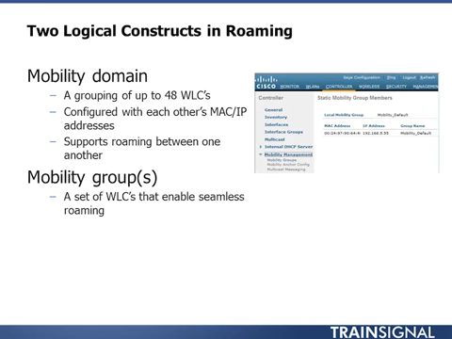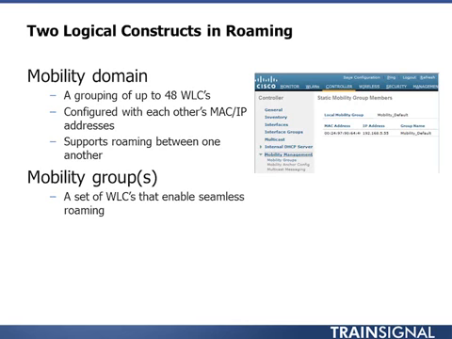You can roam within a mobility group and across mobility groups, providing those mobility groups are within the same mobility domain. What I mean by that is if you move between mobility groups within the mobility domain, you'll still be able to keep your IP address, and the concept of an anchor and a foreign wireless LAN controller continues to exist.